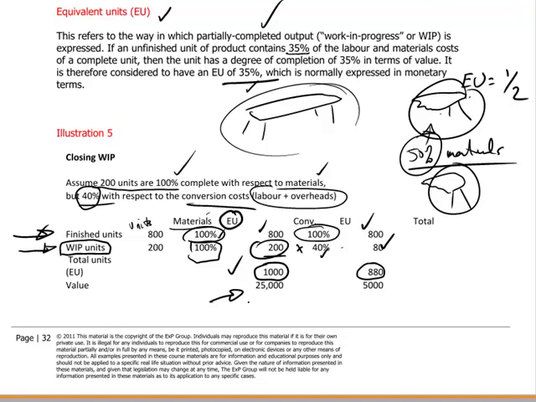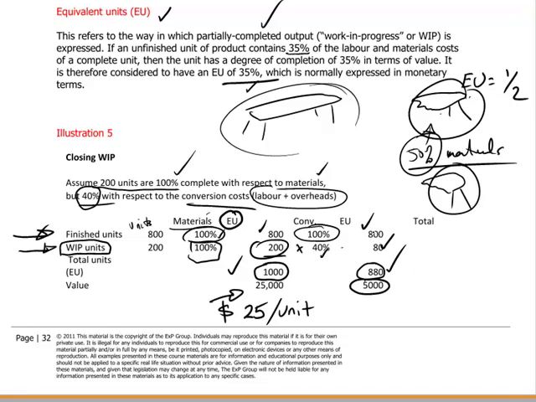Then we could say that from a materials point of view, each unit has $25 worth of materials built into it. From the conversion cost point of view, if we have conversion costs accumulated of $5,000, those $5,000 have been accumulated to produce a total of 880 equivalent units.